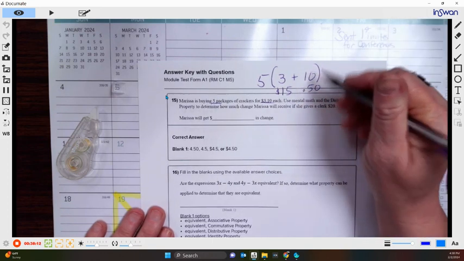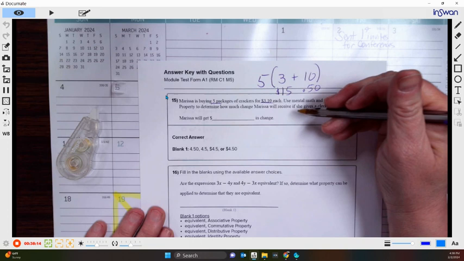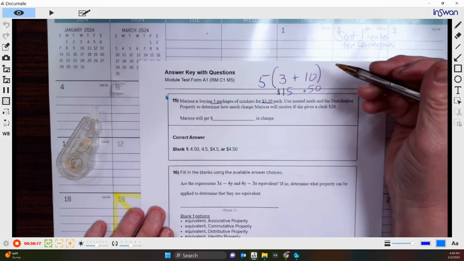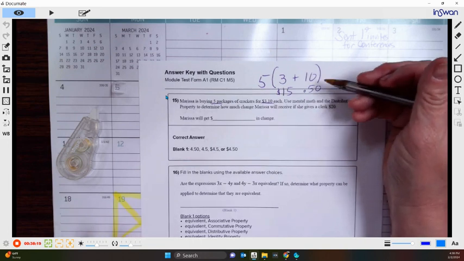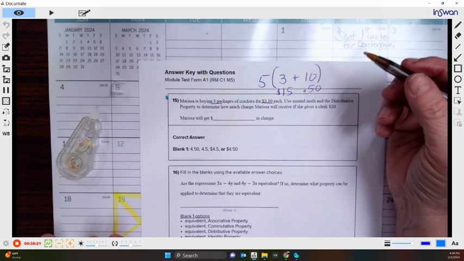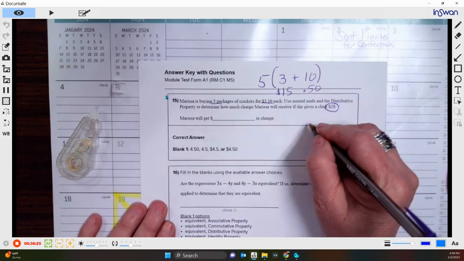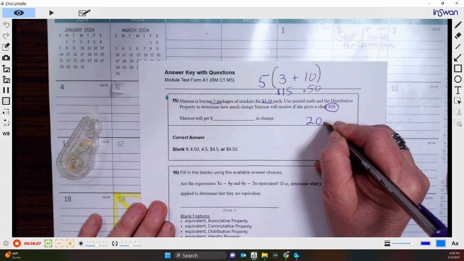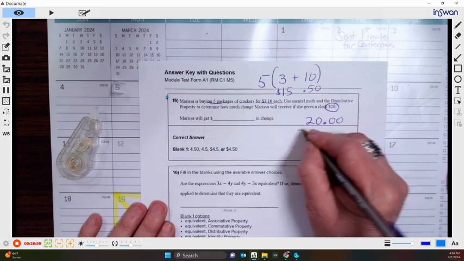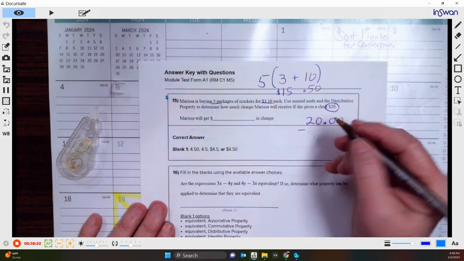And if you didn't want to do mental math, you could just multiply the 5 times the $3.10 and you would still get the same thing. And to find out the answer to the question, you're going to take your $20 and subtract the $15.50, or you could take 15.50 and count up.